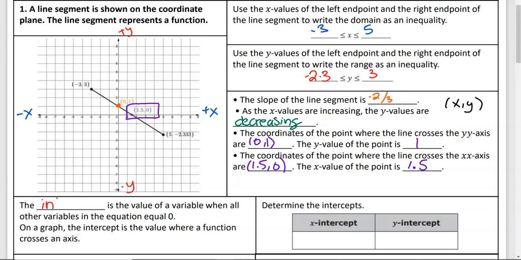The intercept is the value of a variable when all other variables in the equation equal 0. So on a graph, the intercept is the value where a function crosses an axis. That's what we just did. What is the value of my x-intercept? It's just the 1.5. Good.